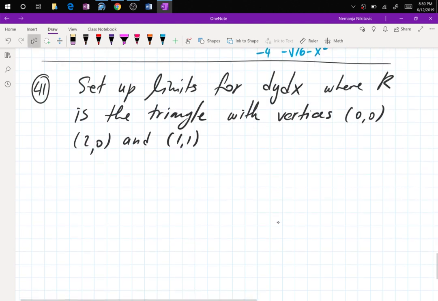So they're not asking you to integrate, they're not giving you f of x, y, they're just asking you to set up the limits, and they give you the dy dx and the 3 vertices for this problem. So let's go.